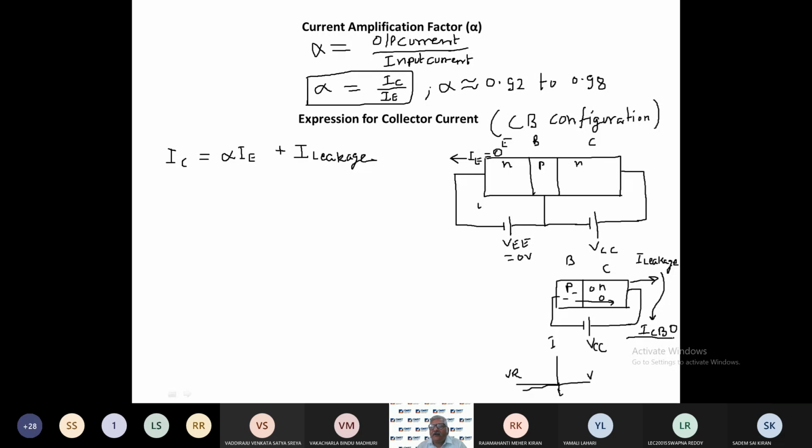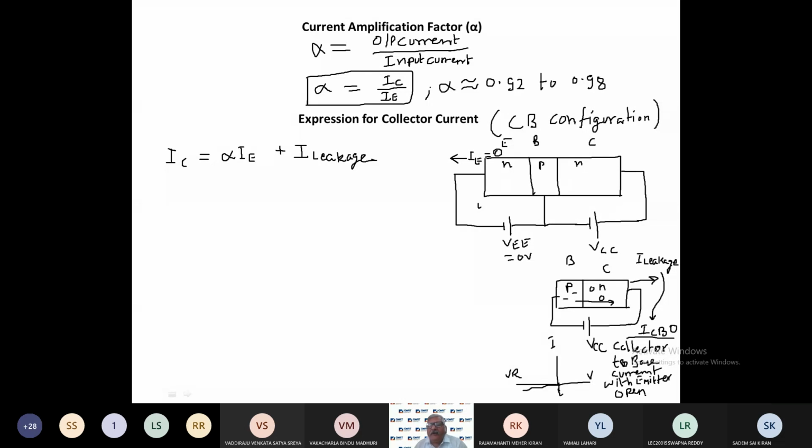So this leakage current is collector to base current with emitter open.